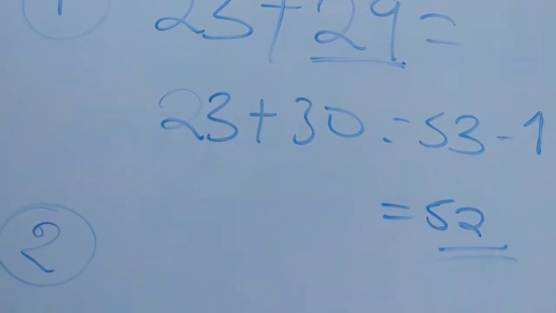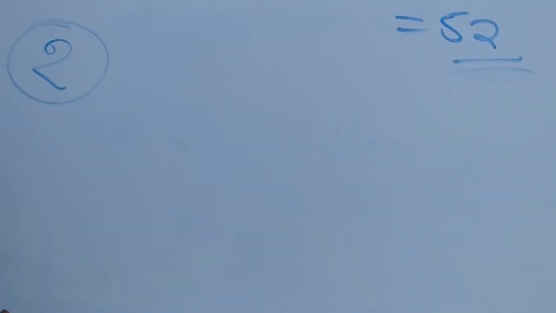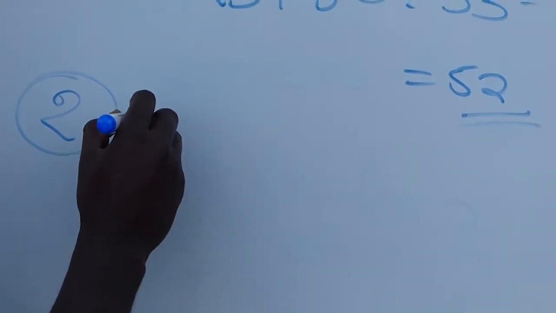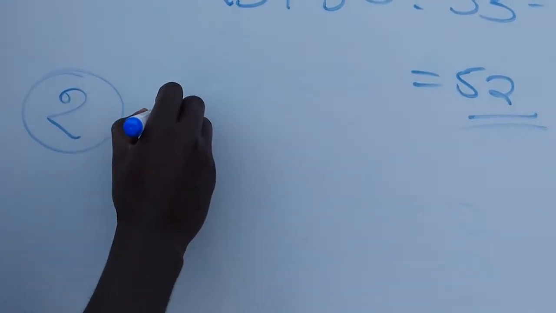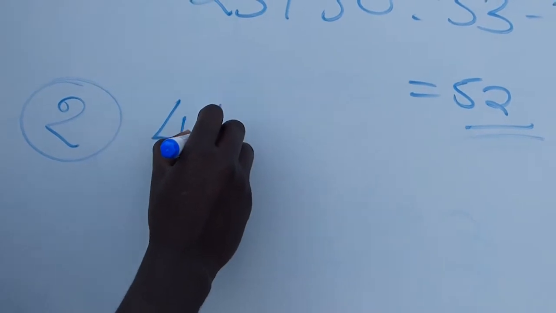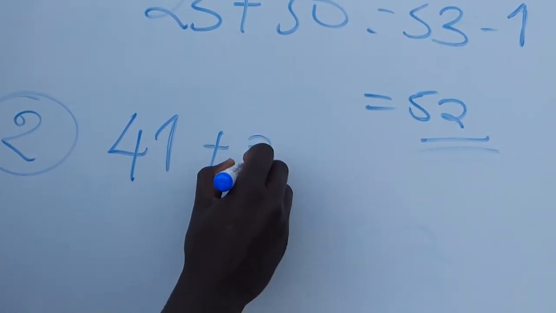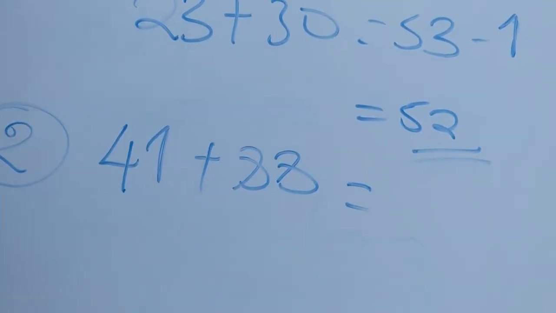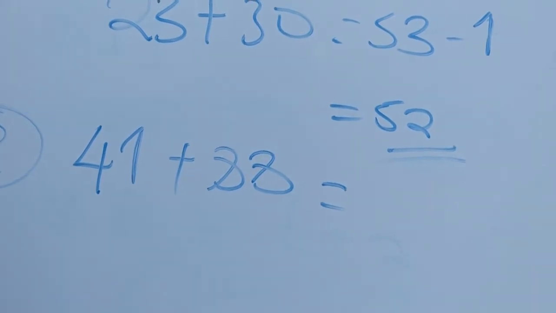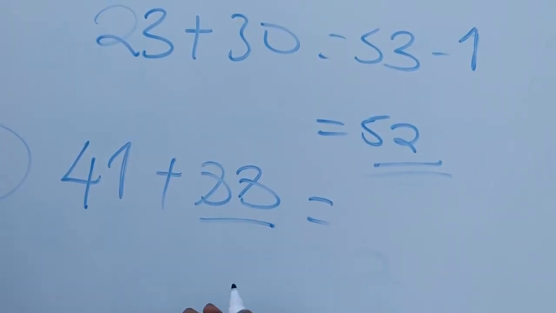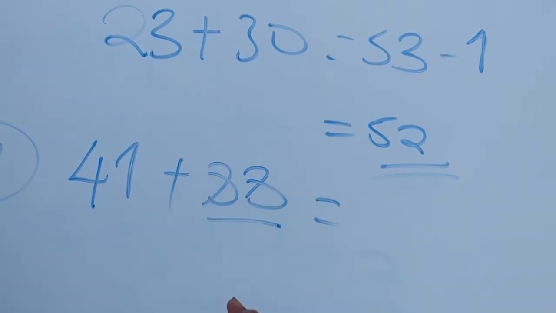Let's say another one. Okay. So if you have, let's say, 41 plus 88. The same procedure, promote this one, because now we have a number that ends with 8.